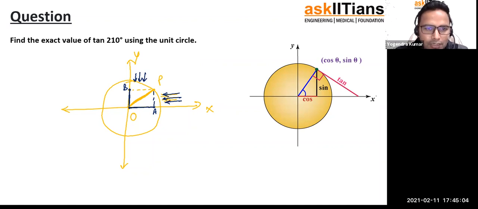So this vertical one, if this angle is theta, then sine theta is equal to the vertical shadow of the stick, divided by OB divided by OP. And OP we know, it is 1 here, because we are taking a unit circle.